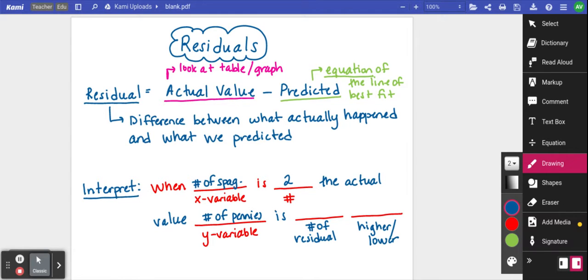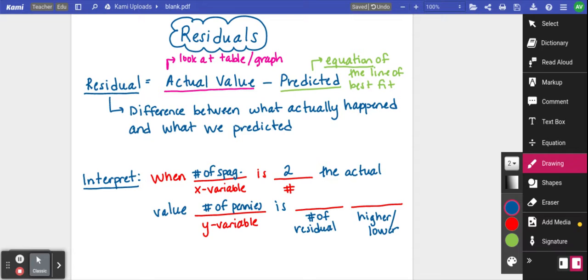The other day when we did this experiment in class, we said that when there were 2 pieces of spaghetti, the actual value was actually 10.77 higher than the predicted value. And that's how we finish our sentence, than the predicted value.